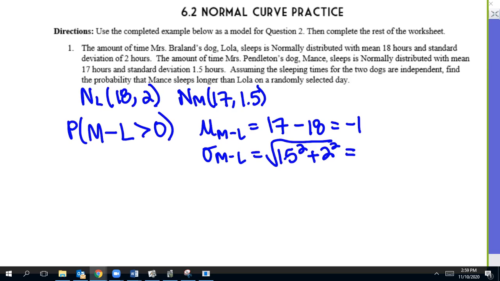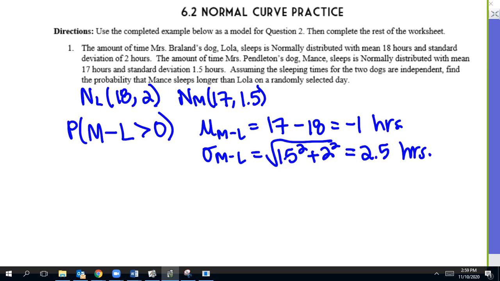And then 1.5 squared plus 2 squared, square rooted. Do that in my calculator. Square root that. And we get 2.5.